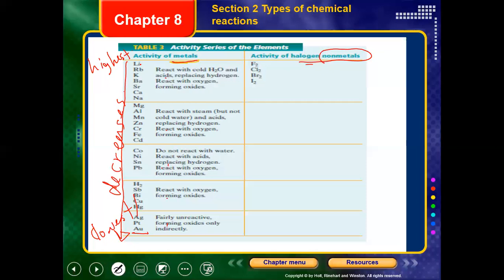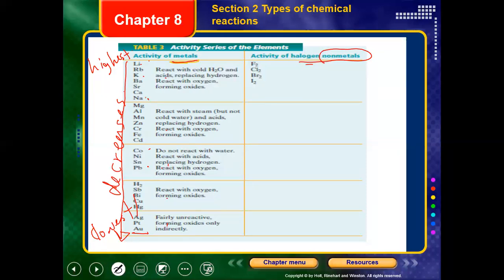Also, lithium is more reactive than potassium. Potassium is more reactive than sodium. Sodium is more reactive than magnesium. Iron is more reactive than cobalt. Lead is more reactive than copper. So the element that comes first is more reactive.